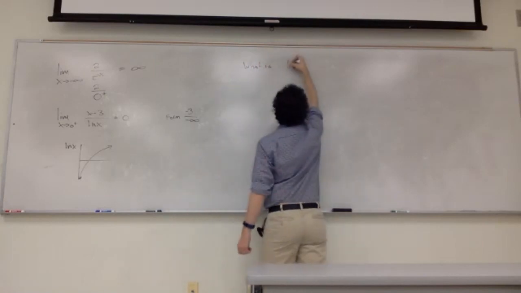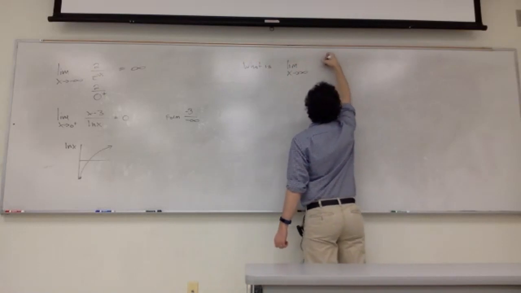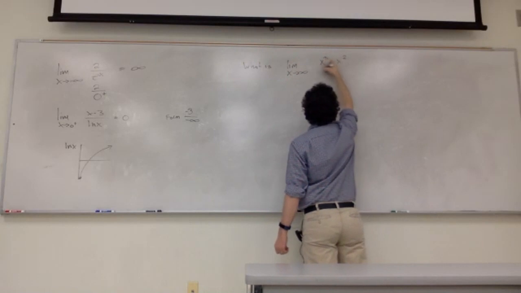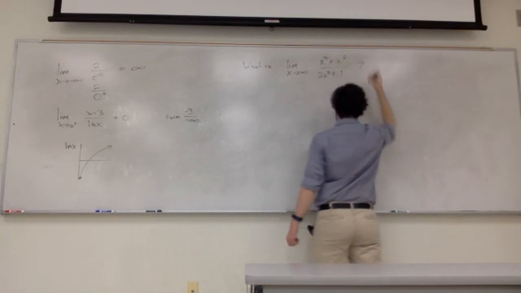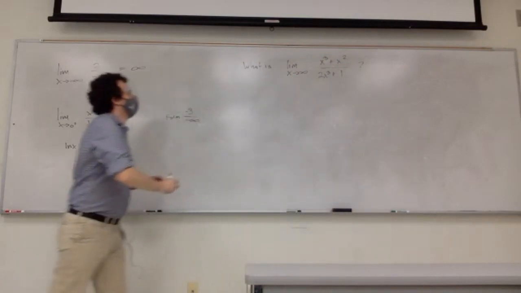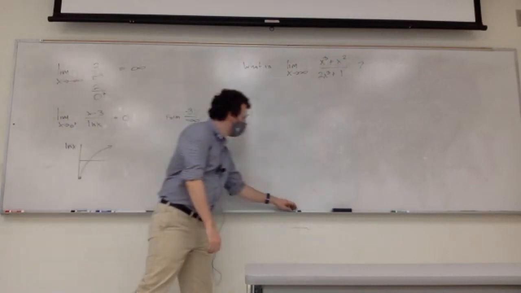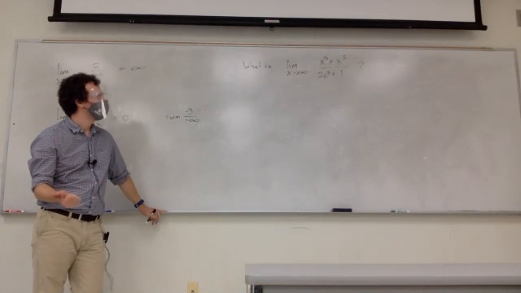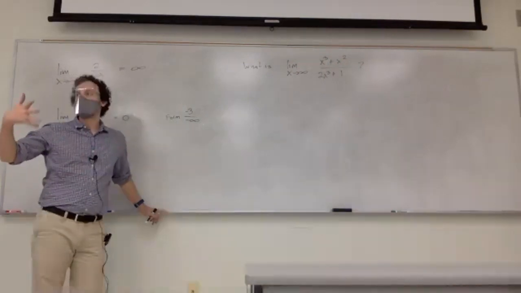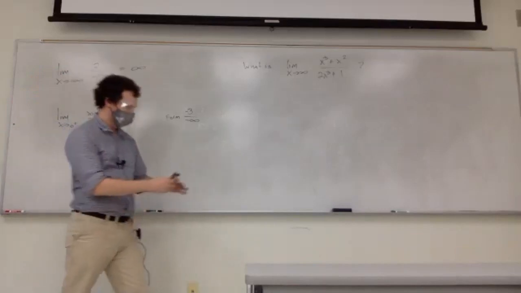So what is the limit as x goes to infinity of x cubed plus x squared over 2x cubed plus 1? Okay. So the first thing you might try is, well, what do the top and bottom do separately? That's what we did 5 times just now.